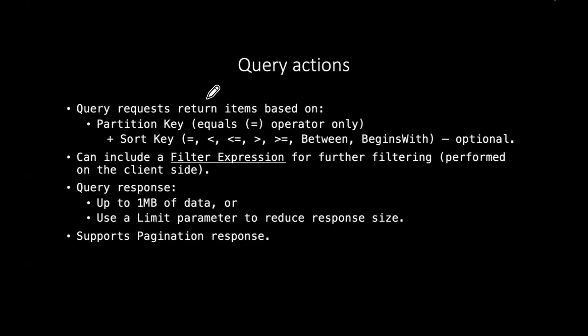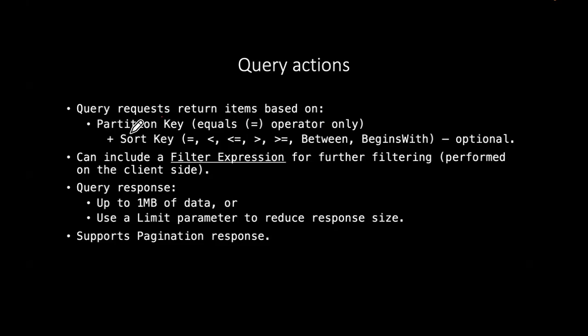So query requests return items based on the partition key and the sort key. For the partition key, the only thing you can say is, I want the partition key to be equal to a specific value. So the only operator that you can use when specifying the partition key for a query is that it has an exact value and you're specifying it.